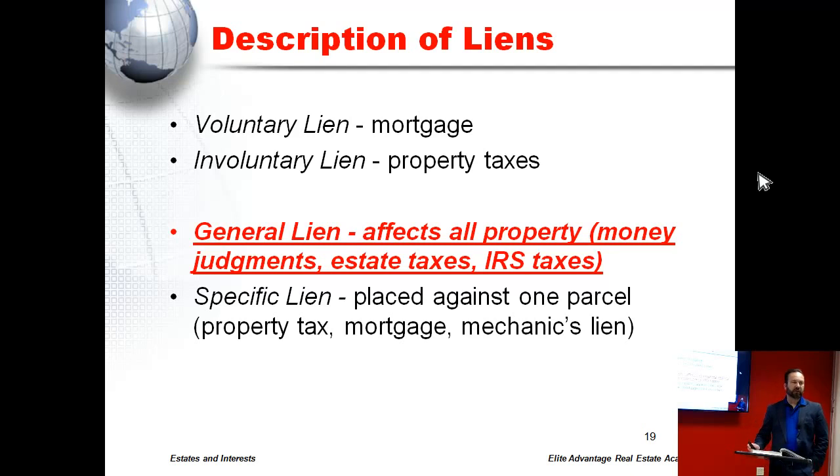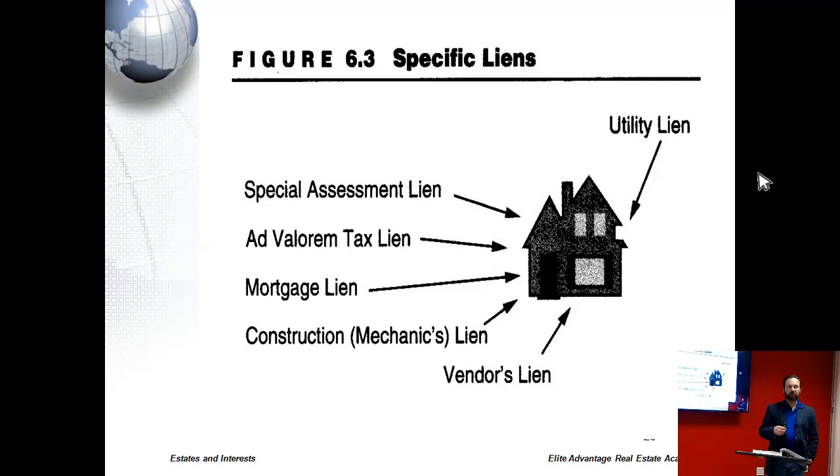But the general lien affects all property: money judgments, estate taxes, IRS. So a general lien affects all property, whereas a specific lien is placed against one parcel of real estate, such as a mortgage, a property tax, a mechanics lien. Now, with these financial liens, we got to look and see, does it follow the person or the property?